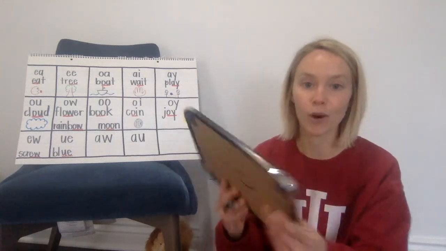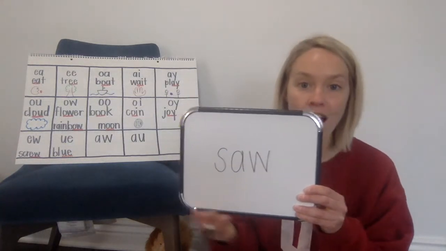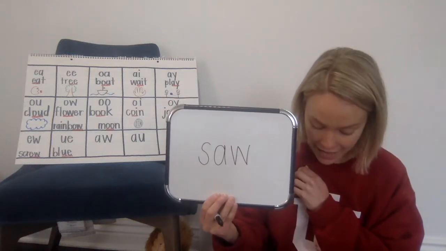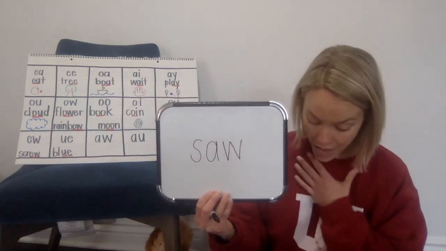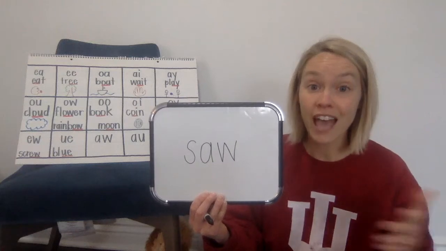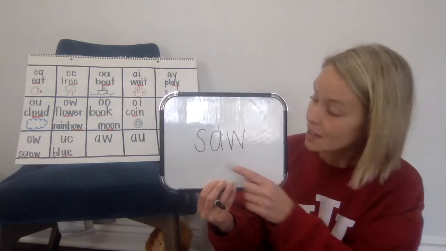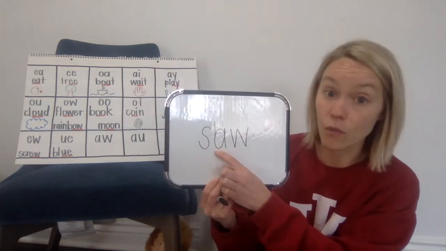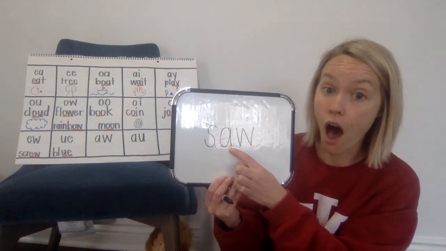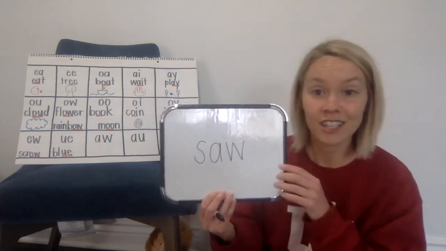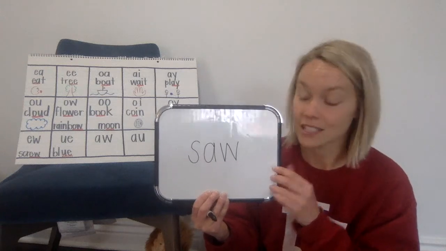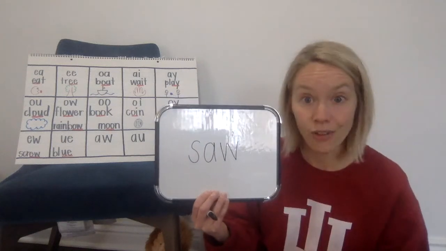The snap word saw has the vowel team AW in it. So it is the same sound that we hear in "aw" matches the letters AW that make that sound in other words.